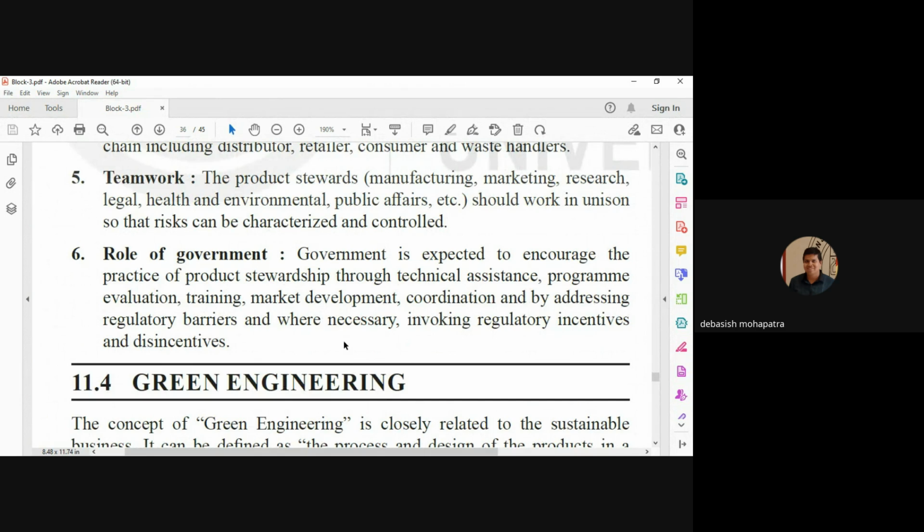Then role of government. Government is expected to encourage the practices of product stewardship through technical assistance, program evaluation, training, market development, coordination, and by addressing regulatory barriers and, wherever necessary, invoking regulatory incentives and disincentives.